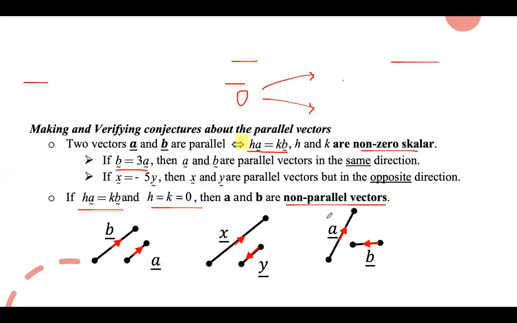If A and B are parallel, then hA equals kB and h and k are non-zero scalars. To repeat, if B equals 3A, then A and B are parallel and in the same direction. If x equals negative 5y, x and y are parallel, but in the opposite direction.